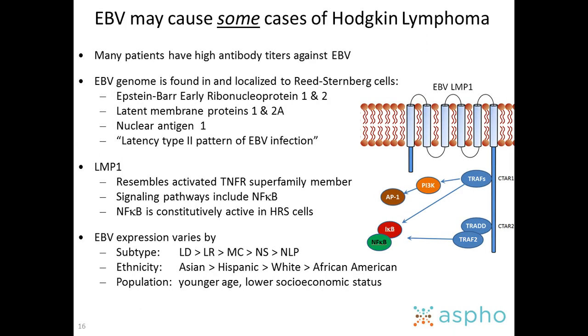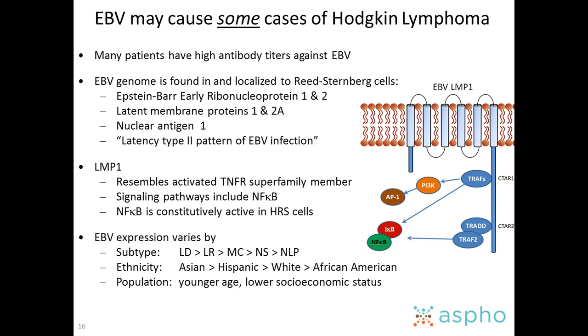EBV can cause some cases of Hodgkin lymphoma, and the evidence for that is that many patients have high antibody titers against EBV. The EBV genome is found in and localized to the Reed-Sternberg cells. LMP1, which is shown in the figure, resembles an activated tumor necrosis factor receptor superfamily, and that signals through NF-kappa B as well as the PI3 kinase and AP1 pathway.